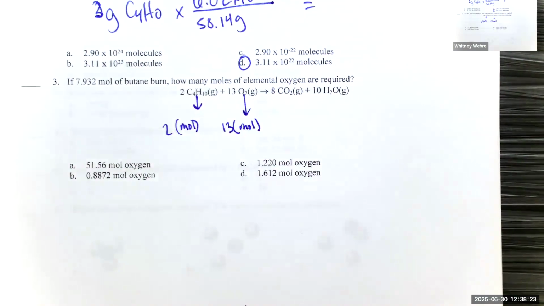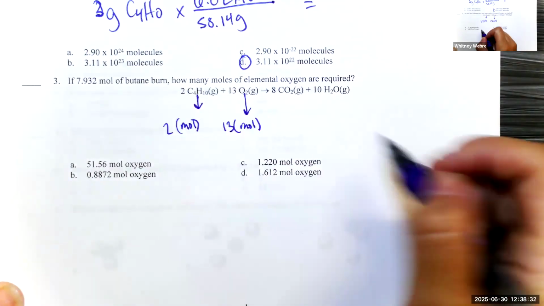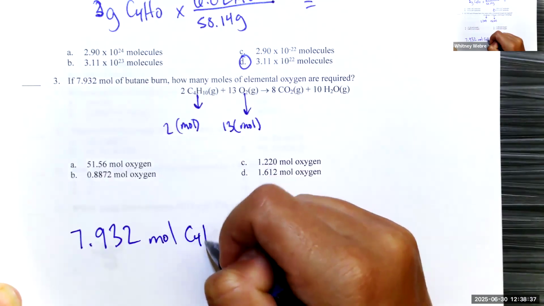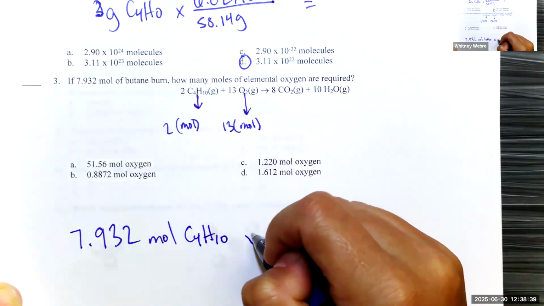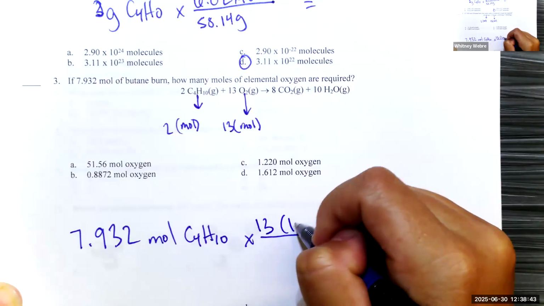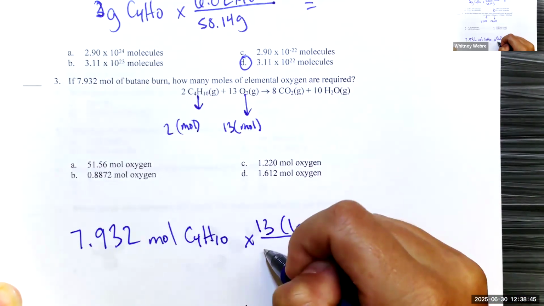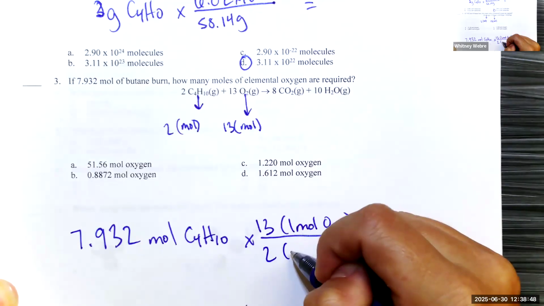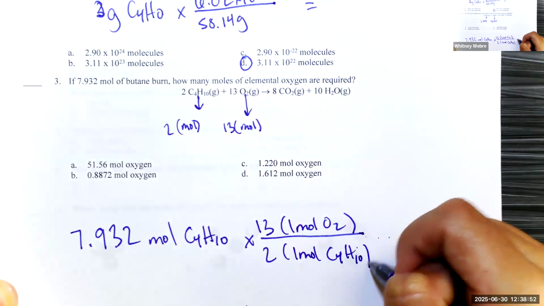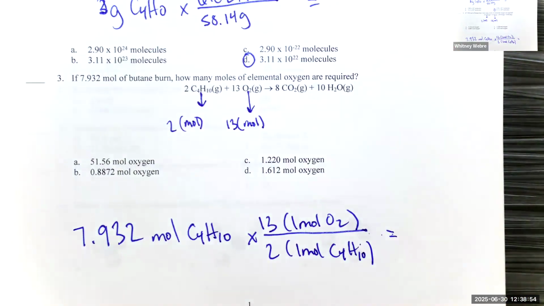I could ask this problem with regards to any of them, but I need to focus on the ones it is asking for. So I'm starting with butane, and I'm turning it into oxygen. If I have 7.932 moles of C4H10, on top I want oxygen, so that's 13, and you set it up like that.